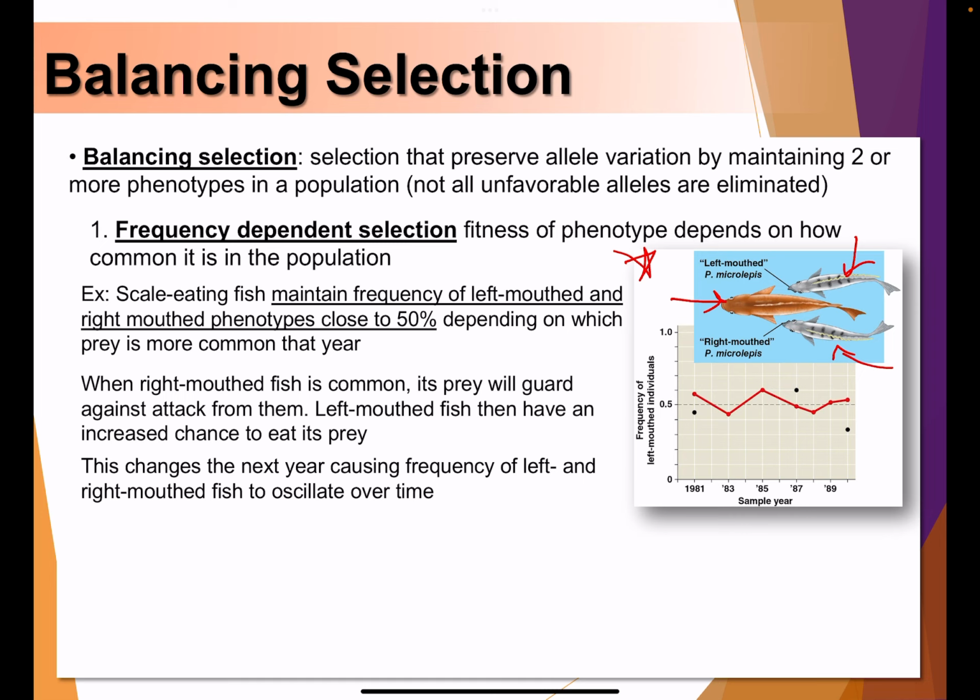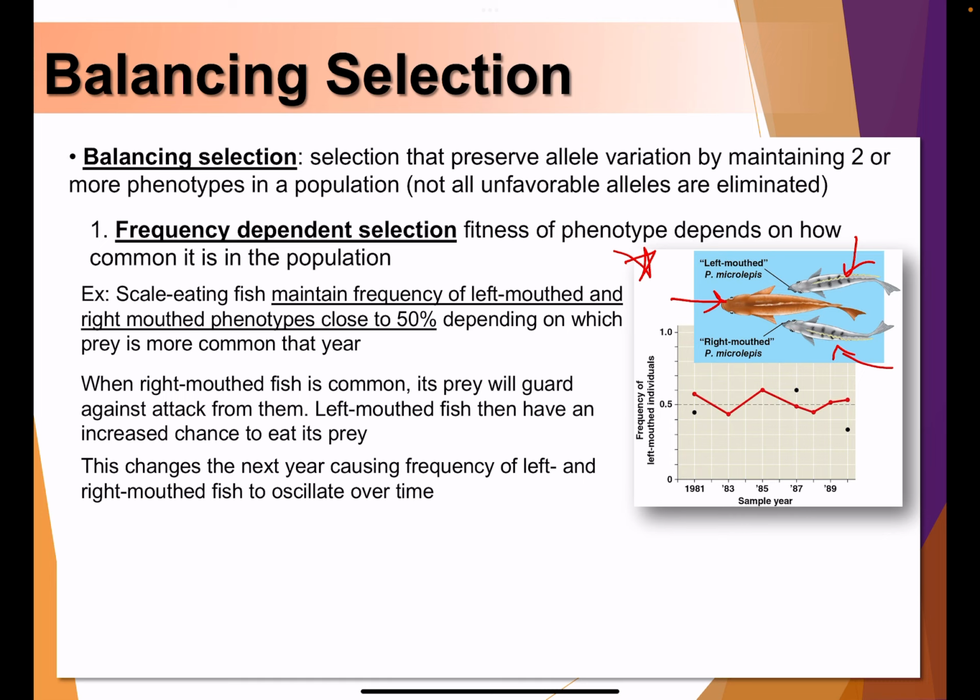So left mouth fish then have an increased chance to eat the prey because the prey is going to guard the right side, because they know, oh, right mouth fish is common this season, so I'm going to protect my right side more. So left mouth fish then will have an increased chance to eat their prey in the next season.